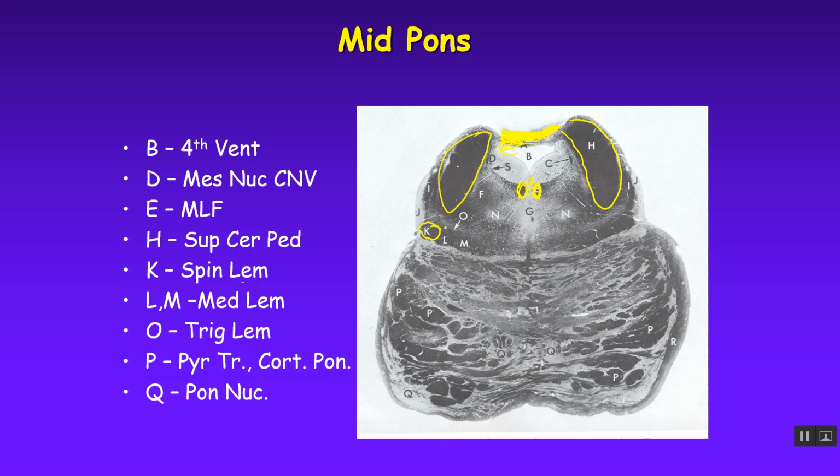And then L and M together, that's the medial lemniscus. So now you'll note the medial lemniscus, down lower, in the last cross section, was in an anterior to posterior arrangement. Well, what it did is it moved posterior and twisted into this position as we went up the brainstem, from the medulla up into the pons.